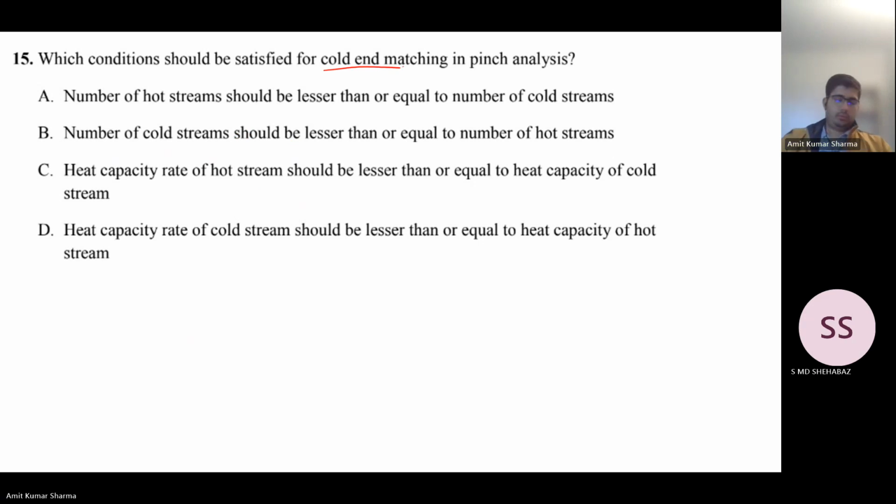Take 2 minutes. Try to recall the pinch analysis.